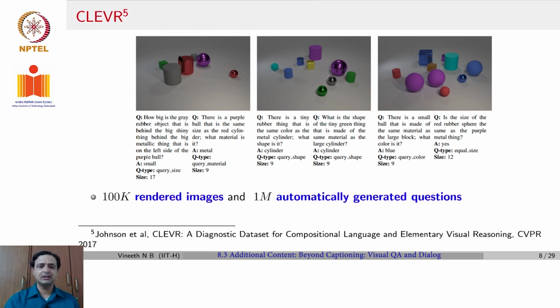So the CLEVR dataset has about 100,000 rendered images and 1 million automatically generated questions. The answers to these questions are single word answers, but to get the answer, one needs to parse the question very carefully. The questions are indeed complex and require reasoning skills.